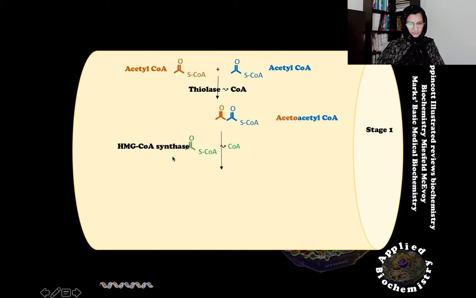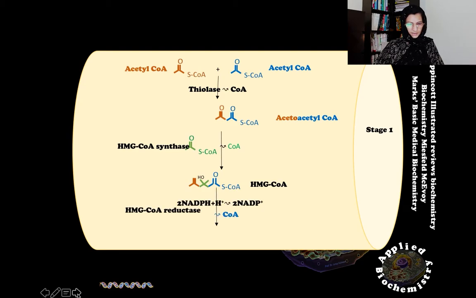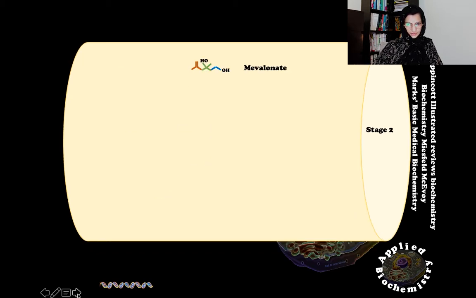Next, in the presence of HMG CoA synthase and another molecule of acetyl CoA, these form HMG CoA, and HMG CoA or hydroxymethylglutaryl CoA, in the presence of HMG CoA reductase and NADPH, is converted to mevalonate, which is a 6-carbon compound. So this completes stage 1.